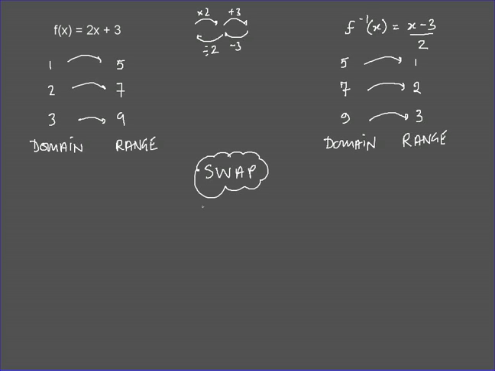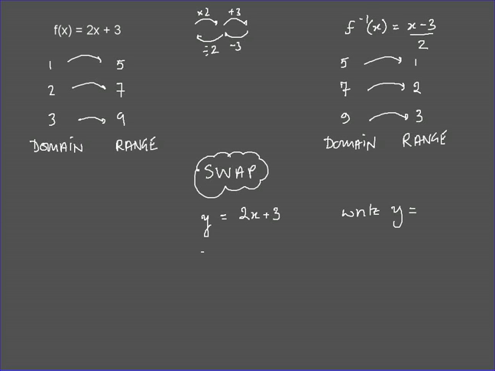The method that we'll generally use to create an inverse is 2 steps. We will first of all write the function as y equals. So first step, we write y equals, and the second step is to simply switch the range and domain.